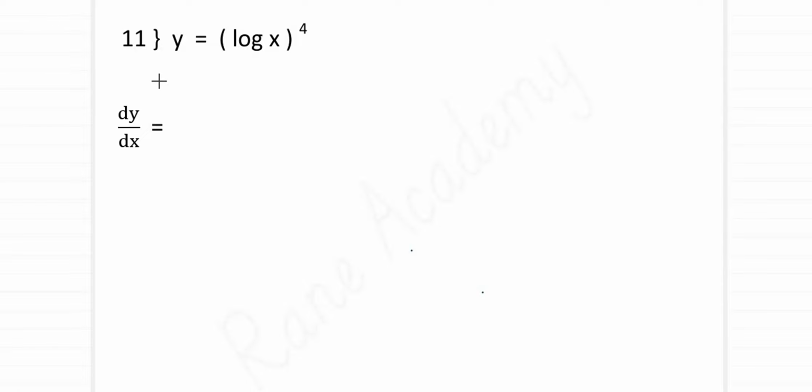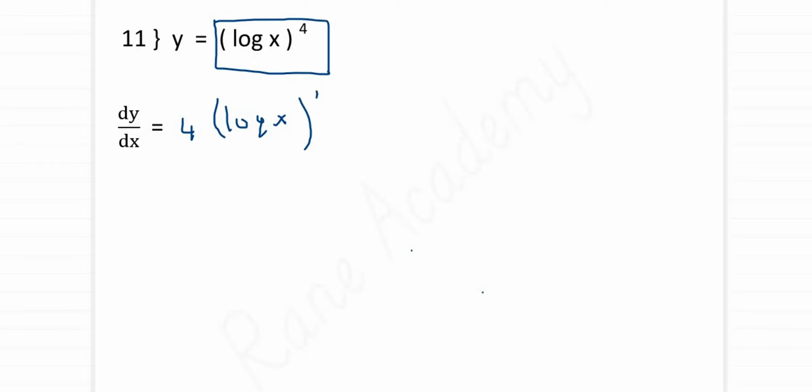Question number 11, y is equal to log x whole raised to 4. It is comparable with x raised to n, and derivative of x raised to n is n x raised to n minus 1. So here we write 4, then log x, and instead of x we have log x raised to the power, that is 4 minus 1.